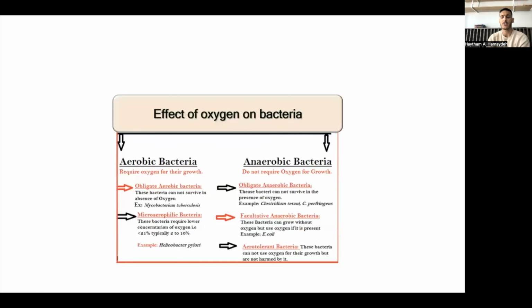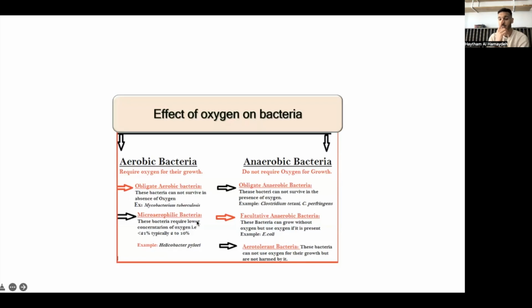Effects of oxygen on bacteria: they are categorized by how they are able to use oxygen. Obligate aerobic bacteria cannot survive unless oxygen is present. Obligate anaerobic bacteria cannot survive if oxygen is present, so they need no oxygen; absence of oxygen is where they thrive.